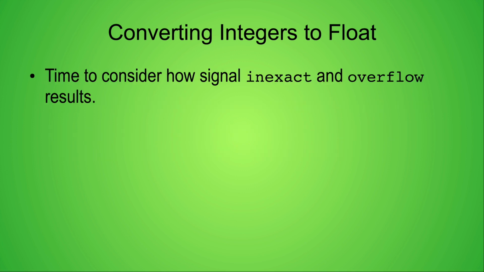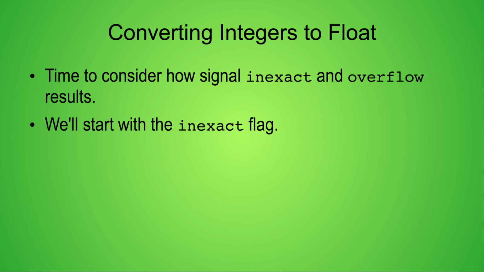Now that I've covered the logic to round for each of the supported rounding attributes, let's go back up one level to see how to signal inexact and overflow results. Let's start with the inexact flag.